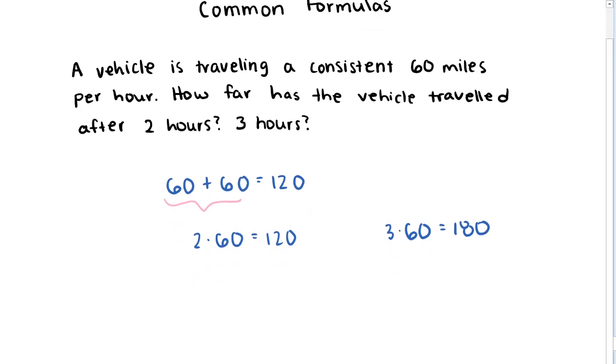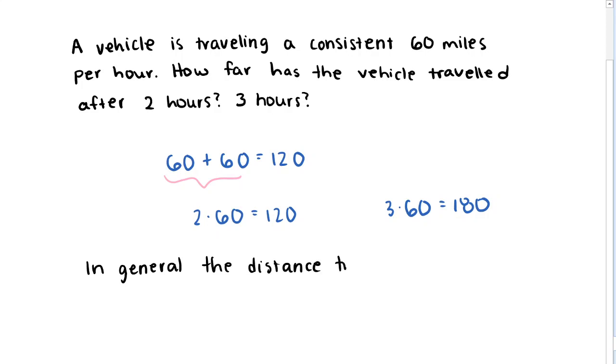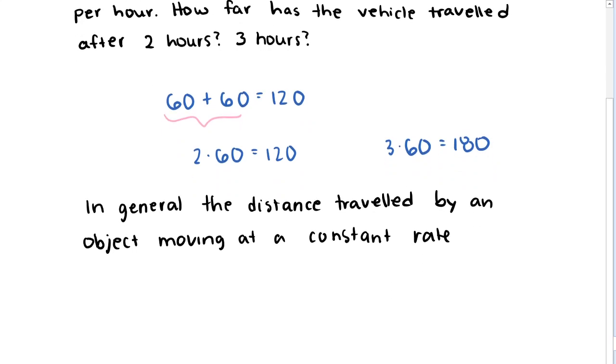Right, so here, really, in general, the distance traveled by an object moving at a constant rate for a specified time.